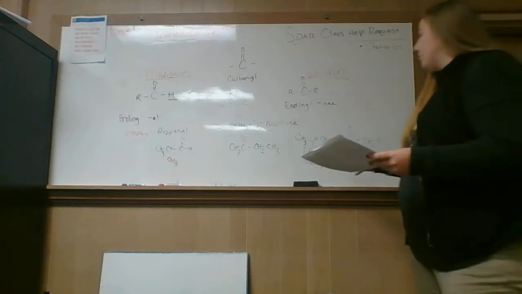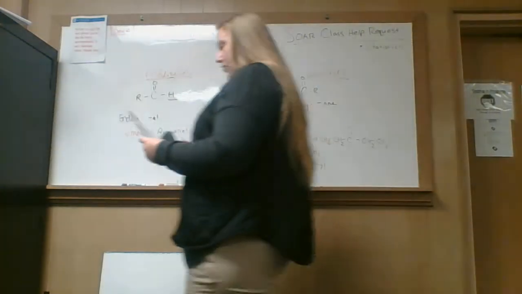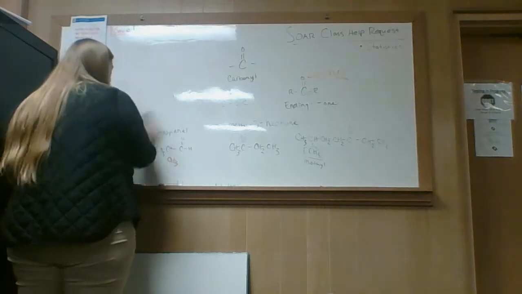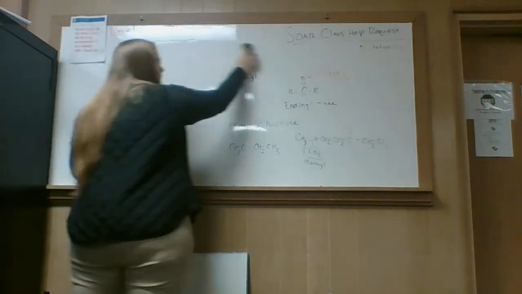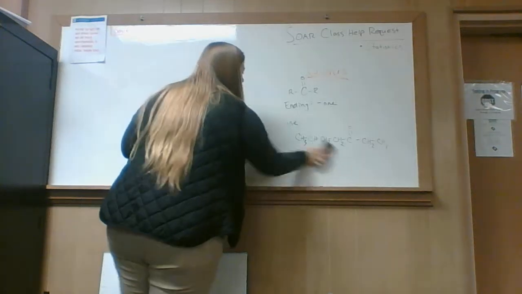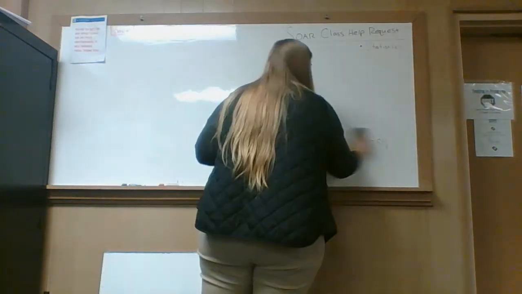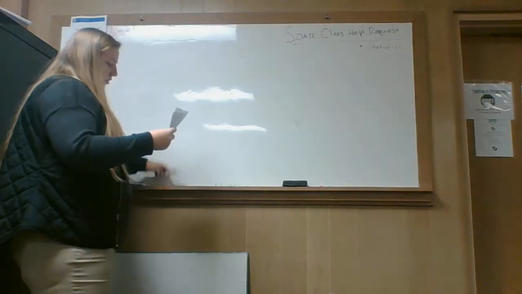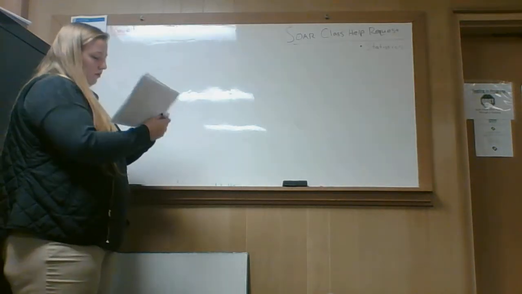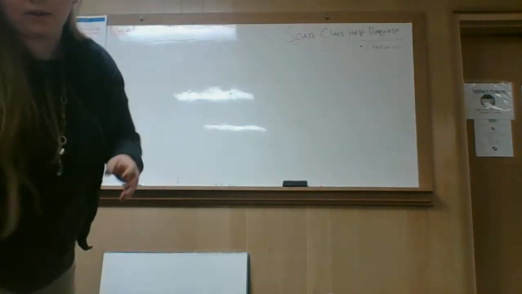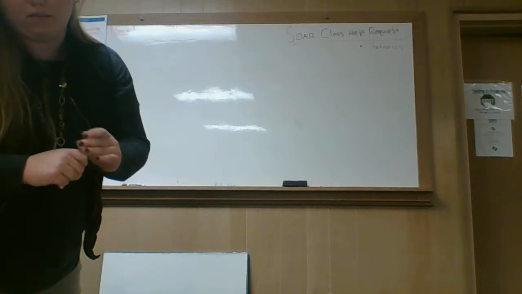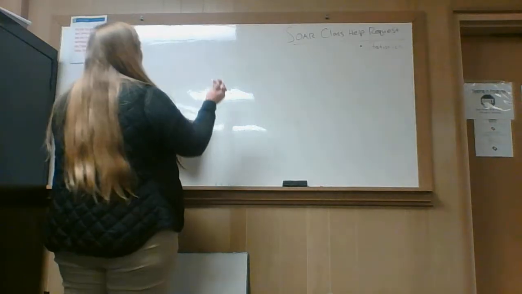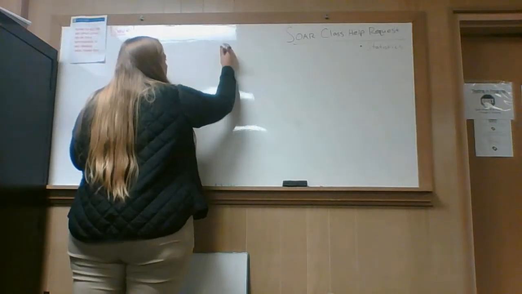But we'll go through most, if not all, of these. Okay, so we started talking about the carbonyl group. Some of this did come up last semester, but let's go through it.